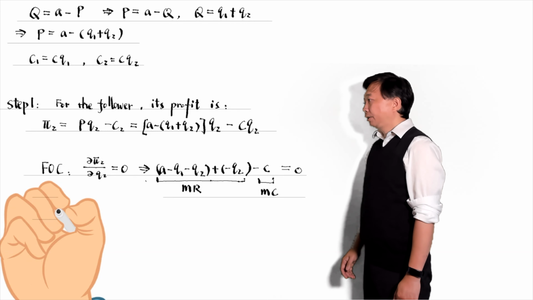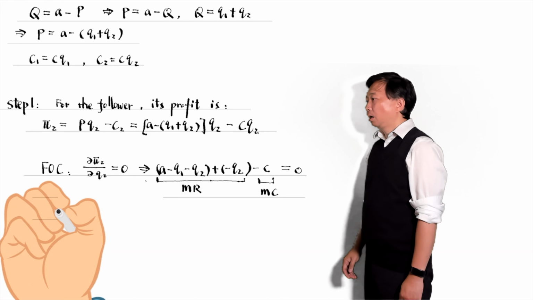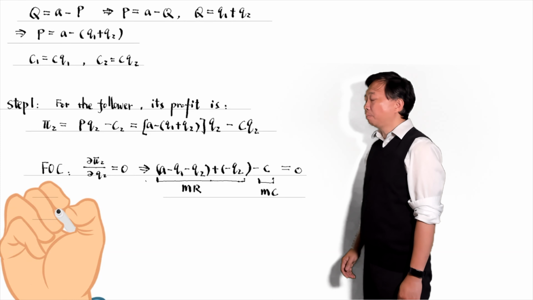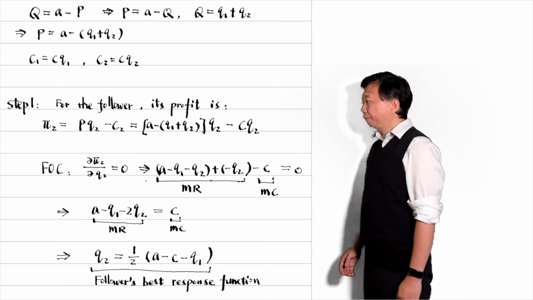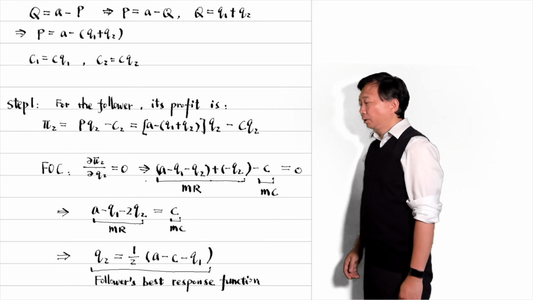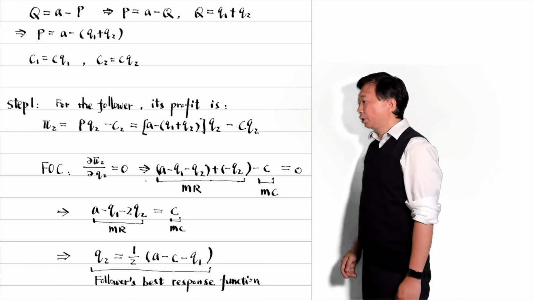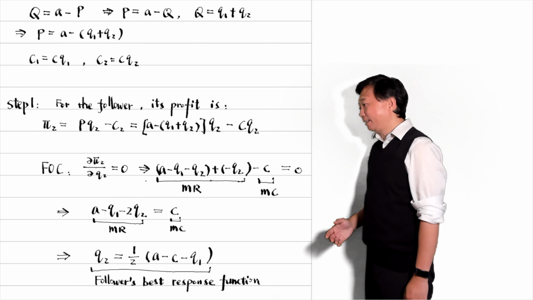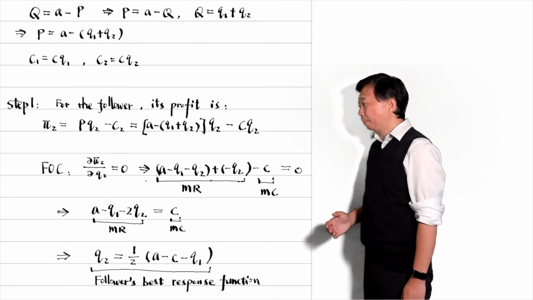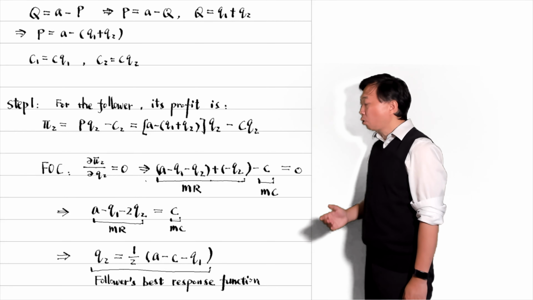It is equivalent to the profit maximizing condition, marginal revenue is equal to marginal cost. Rearranging the equation, we can find the follower's best response function. The follower's profit maximizing output level, Q2, depends on the leader's output level, Q1. This best response function is exactly the same as the best response function in the Cournot model.